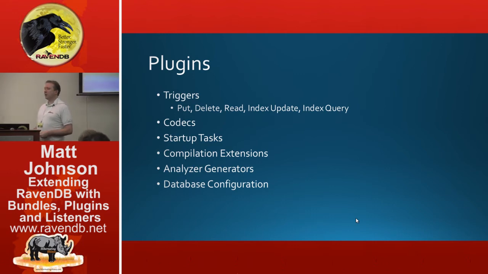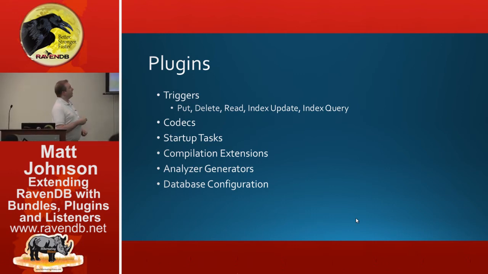It could also be that you're writing a bundle, putting several of these things together for a specific purpose. Perhaps in order for a specific delete trigger to work, you have to set a specific database configuration setting.